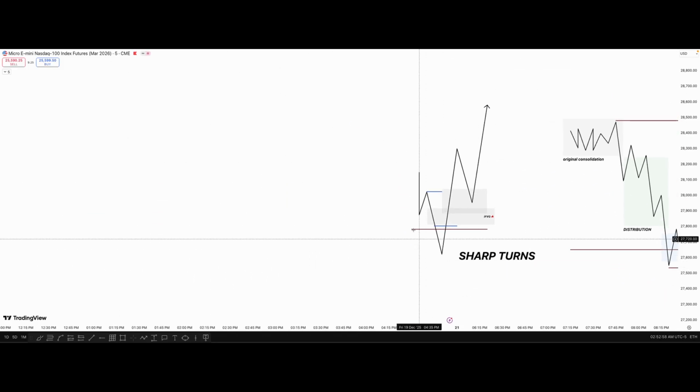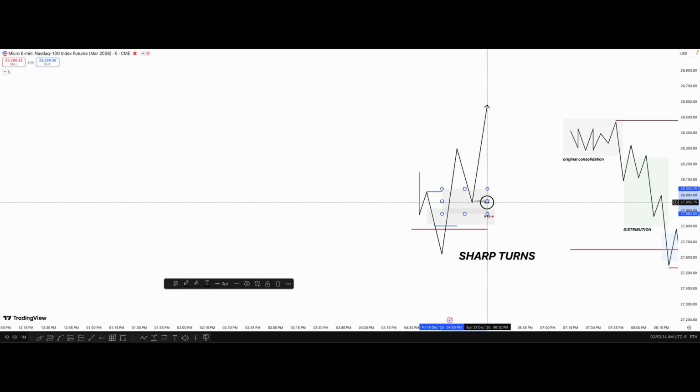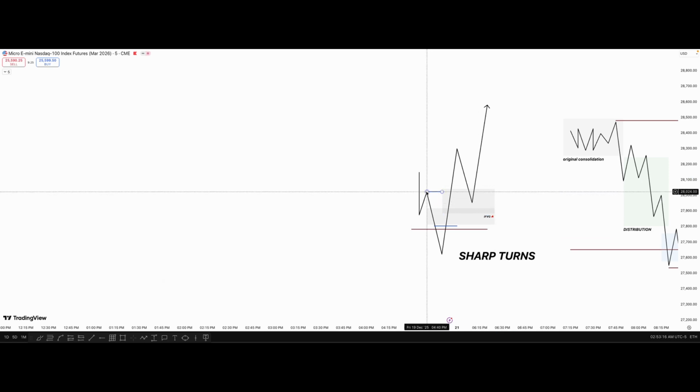This is what you actually mean by sharp turn, right? So how does a true reversal happen? A true reversal will always happen when there is a displacement, right? How do you actually understand a displacement? Displacement always occurs via an inversion fair value gap, creating new fair value gaps, creating a change of delivery, something like that.